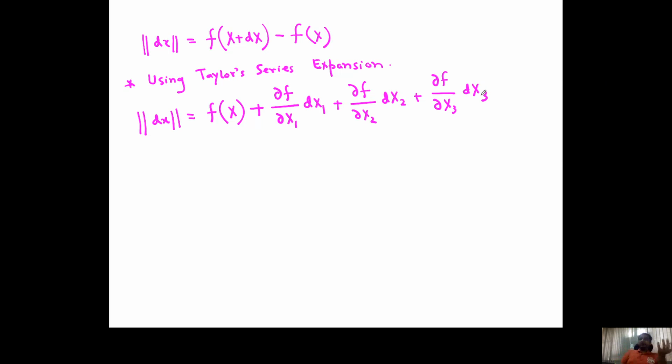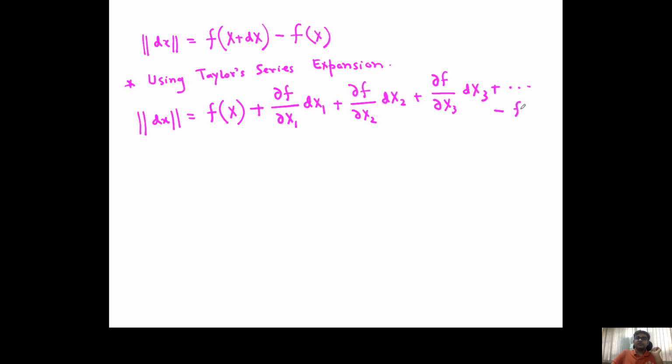Now in a one-dimensional Taylor series expansion, you only get one first order term, but in a vector valued function or in a multi-dimensional Taylor series, you get multiple first order terms. In this case, there are three components, like x has x1, x2, and x3, and that is why you are getting three first order terms. And then there are the higher order terms which I am going to omit.